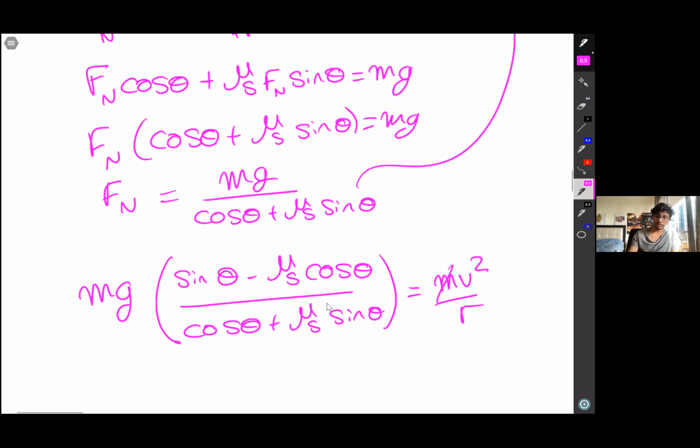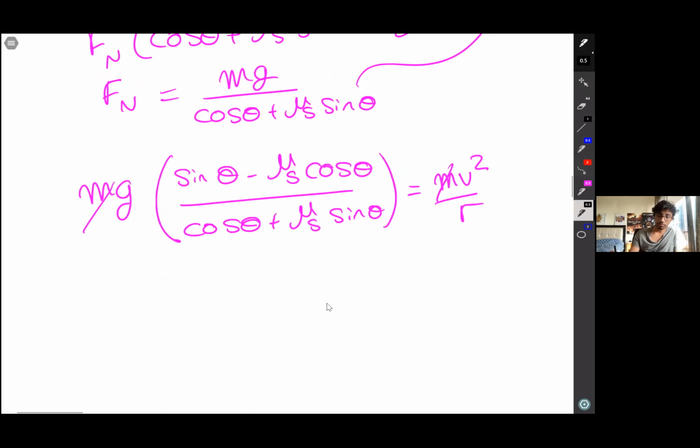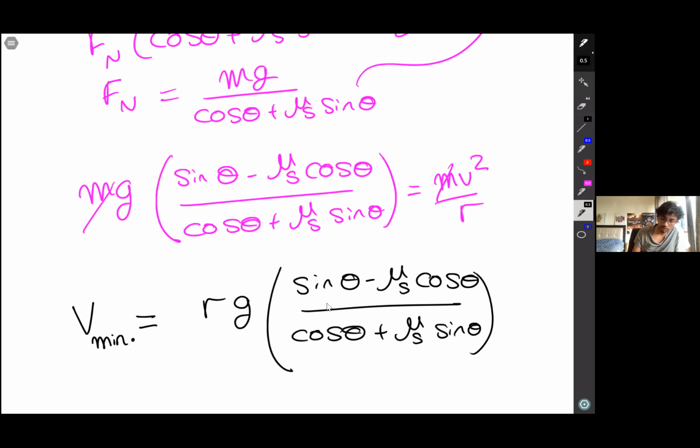Cross out the two m's and rearrange to get r on the other side. Then by the same process, you'll get that v minimum is equal to the square root of rg (sine theta minus mu s cos theta) over (cos theta plus mu s sine theta).